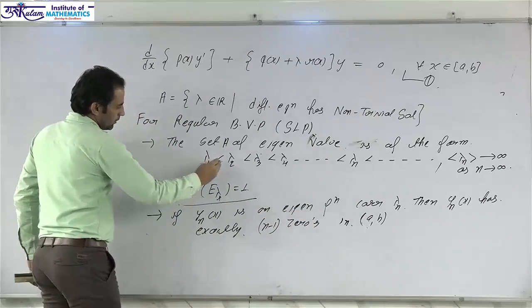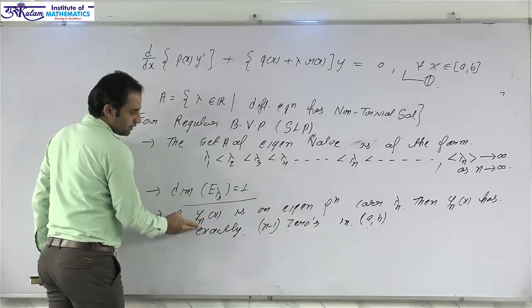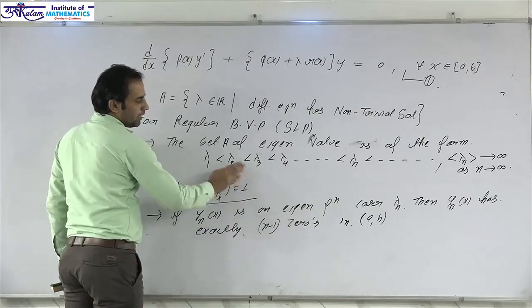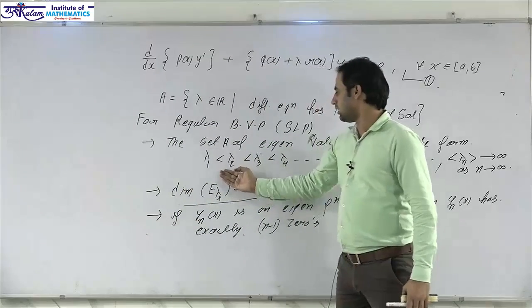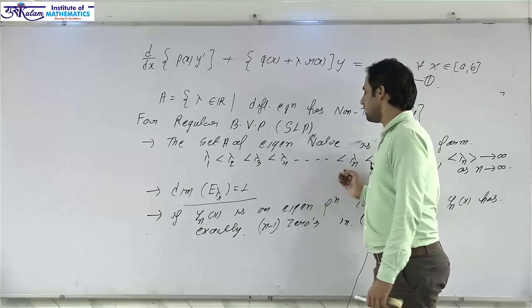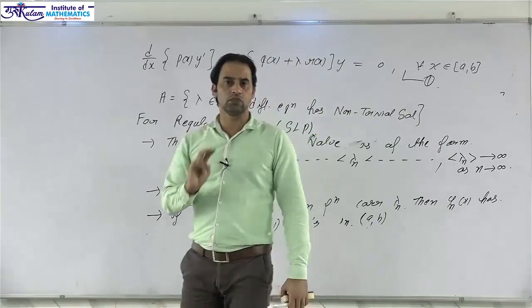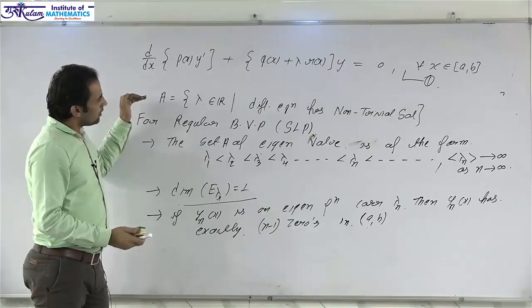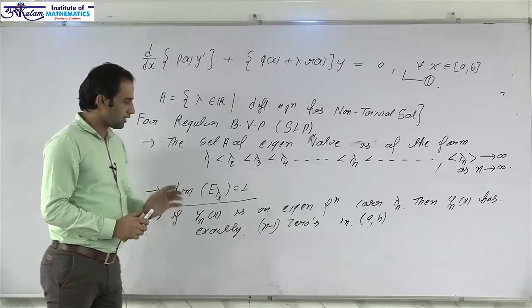Similarly, corresponding to lambda 2, lambda 3, lambda 4, the eigenfunction has at least one zero, which implies the eigenfunction corresponding to any eigenvalue lambda 2, lambda 3, lambda 4, lambda n always changes its sign in the open interval AB. So, these two are the most important properties of the regular boundary value problem or Sturm-Liouville problem. So, what are these properties?